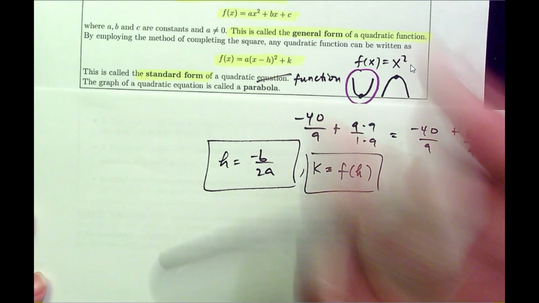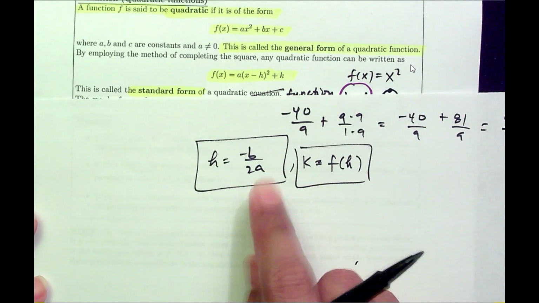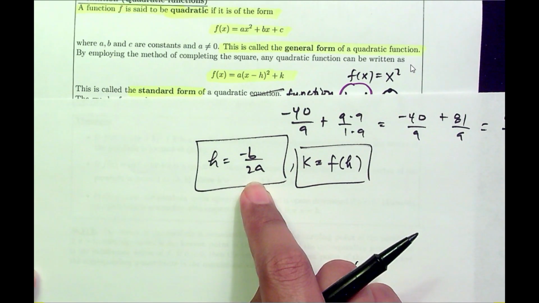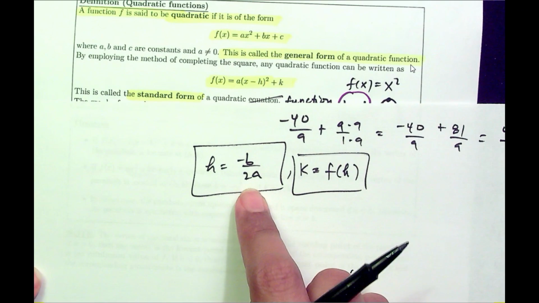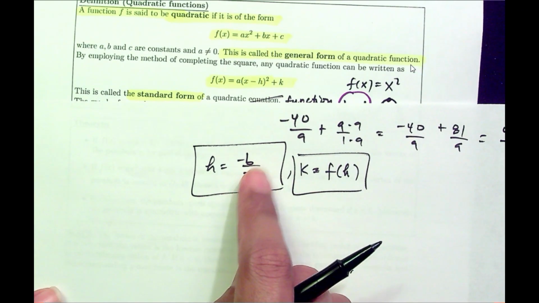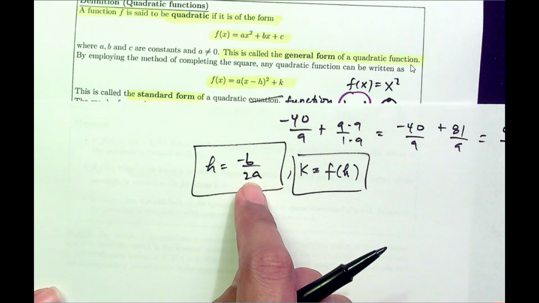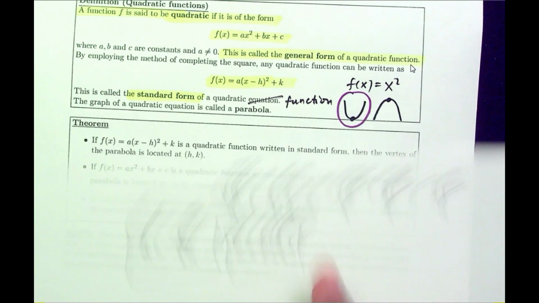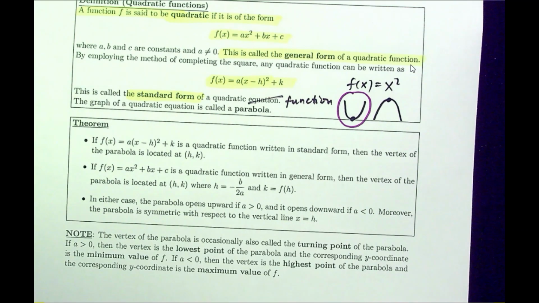So anyway, you can also get it by using calculus. So that's where the h comes from, and that's what it is. Normally, again, you just memorize it. Negative b over 2a gives you the h, and the k is just what you get when you plug in the h.